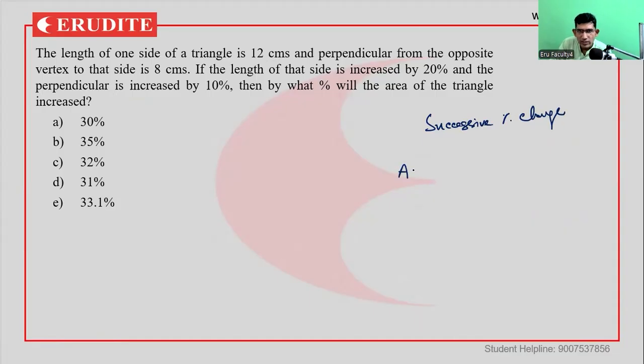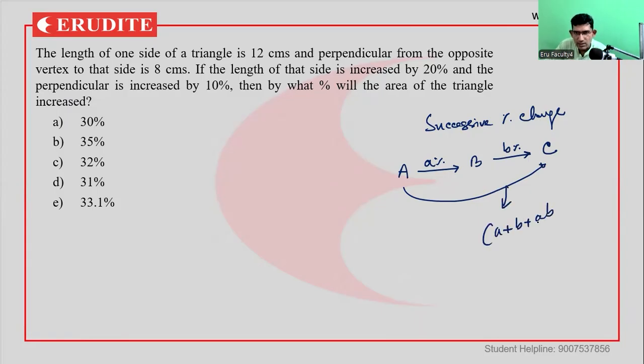For example, a number first increases by A%, it becomes B. Again, it increases by, say, B% or changes by B%, so it becomes C. So what will be the net change from A to C? That is given as A plus B plus A into B by 100 percent. That is the net change.